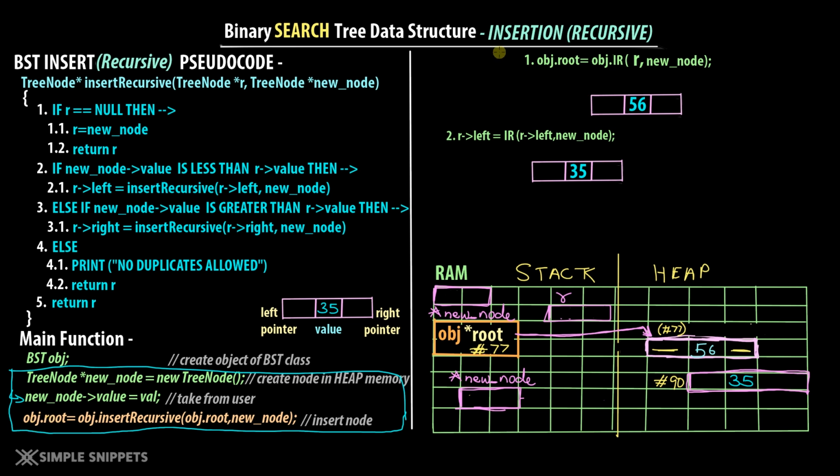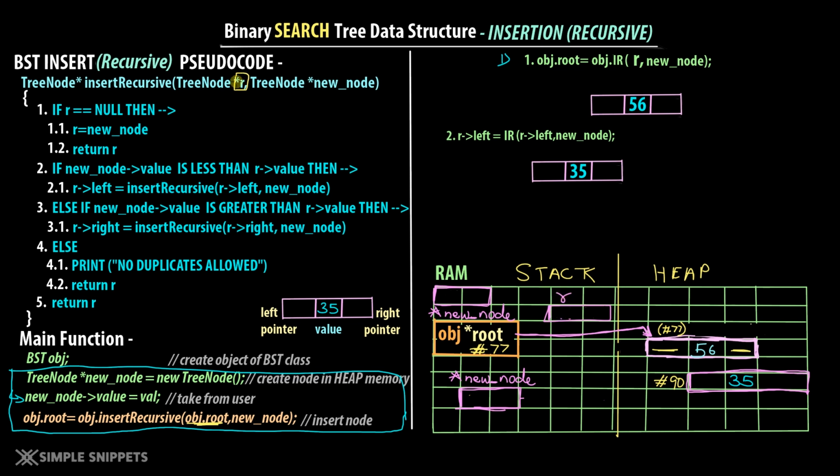So again we will give a function call. We will say obj.root equals obj.insertRecursive. So again this is the first function call. We will pass the root node, obj.root. This time obj.root has a value hash 77, correct? So this pointer R will be created in the stack.